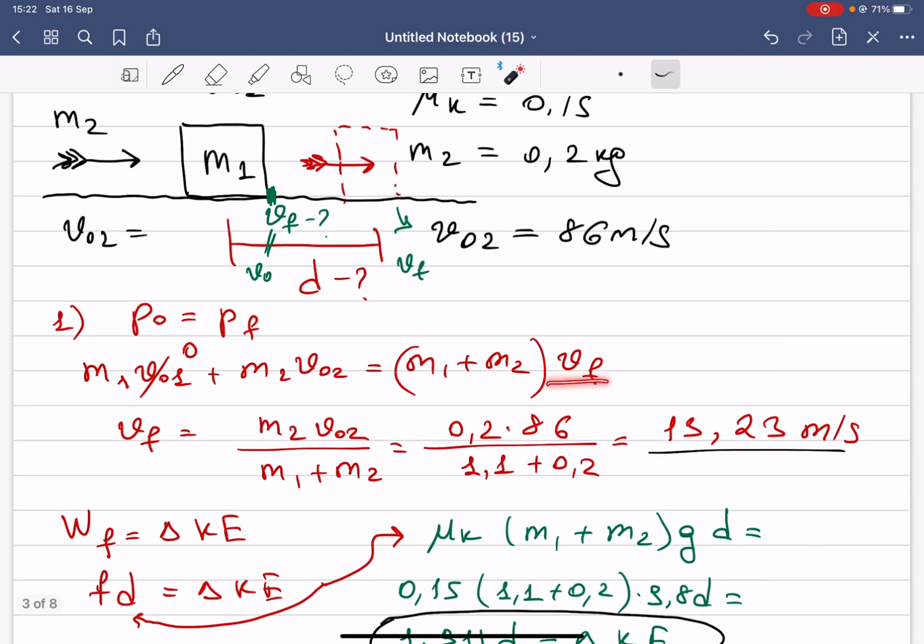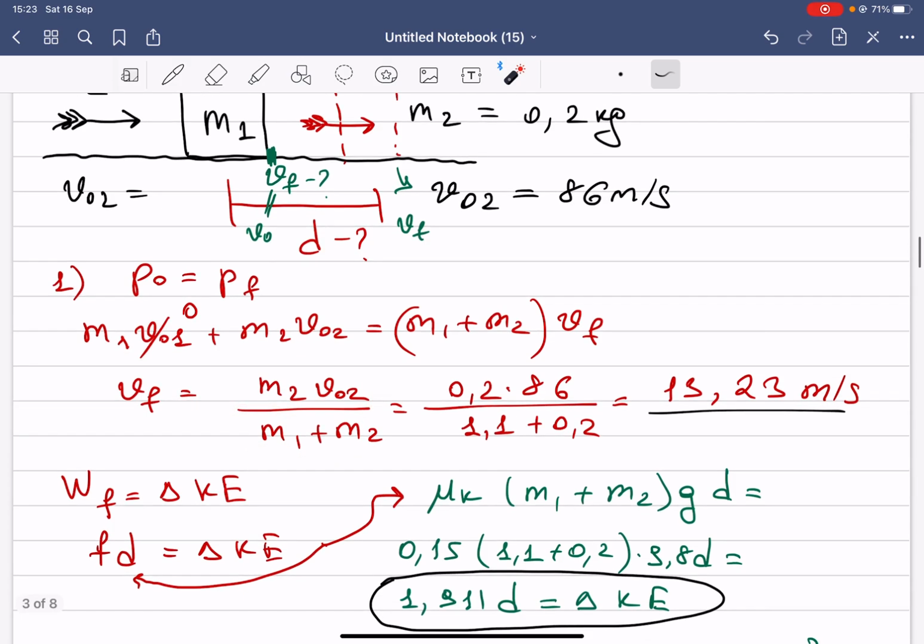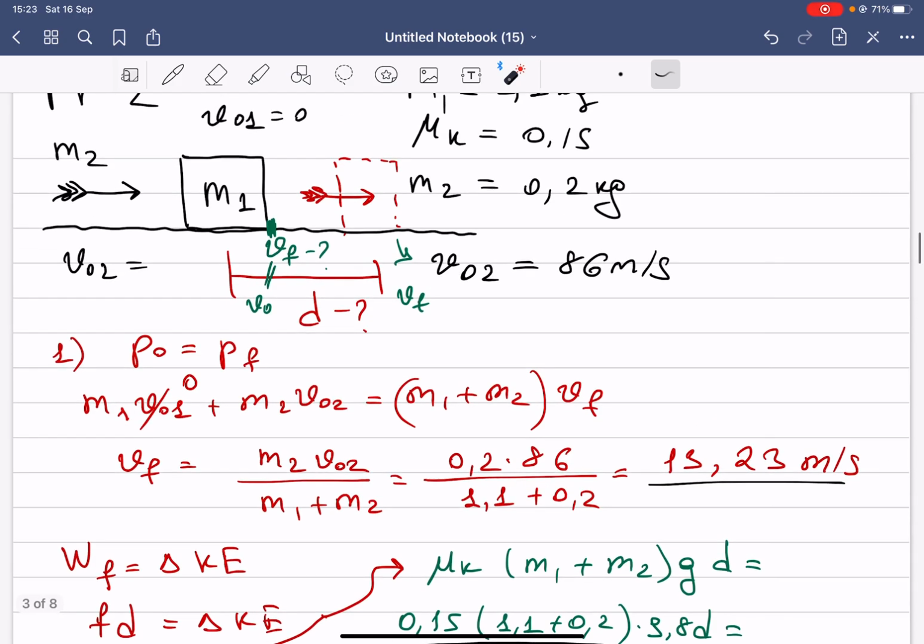From here we have to find V final. So V final will be equal to m2 V initial 2 divided by the total mass, okay. So you solve it and you get 13.23 meters per second, which is the highest velocity when it just starts sliding, okay.